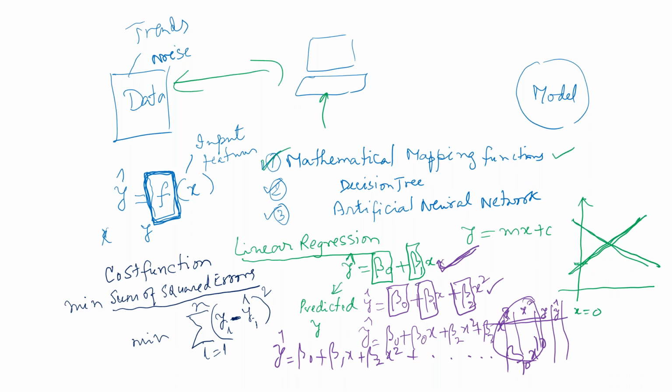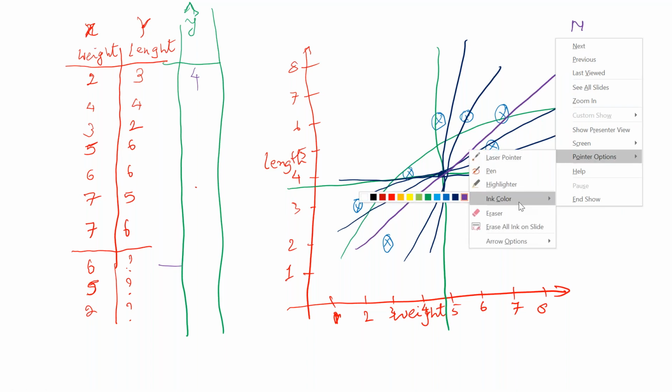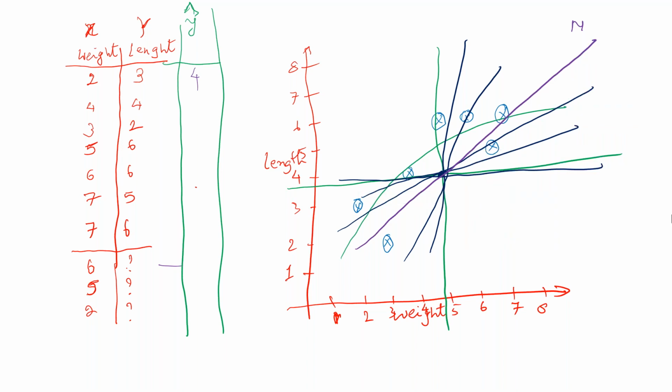And then maybe it may create a model if you use y hat equal to beta 0 plus beta 1 x plus beta 2 x square, go on and on till, let's say, you are using up to x to the power of 10 terms.